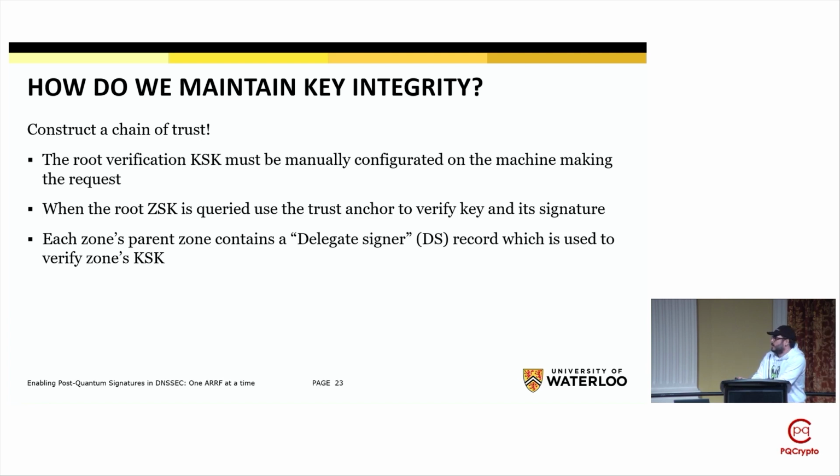It's pretty similar to any other PKI system. We essentially need to get a chain of trust and a trust anchor, and we have this thing known as delegate signers. And that's kind of in place of certificates if we were talking about TLS. So the idea is a delegate signer will take the hash of the key signing key, and you will store that in the zone above you. Unless you're in a root, then there's no zone above you.